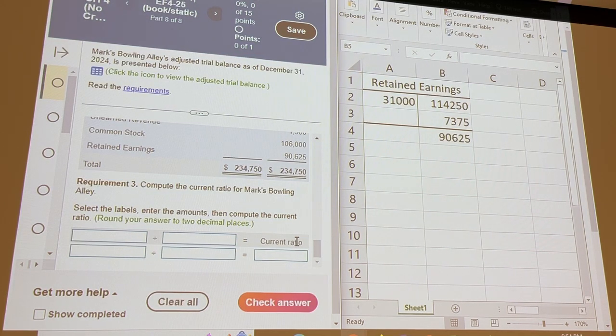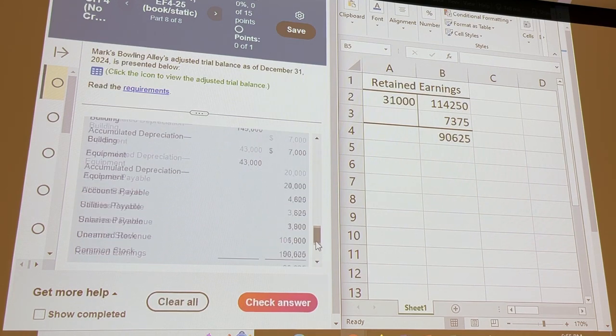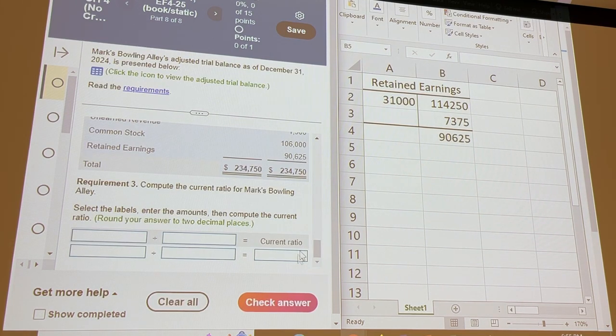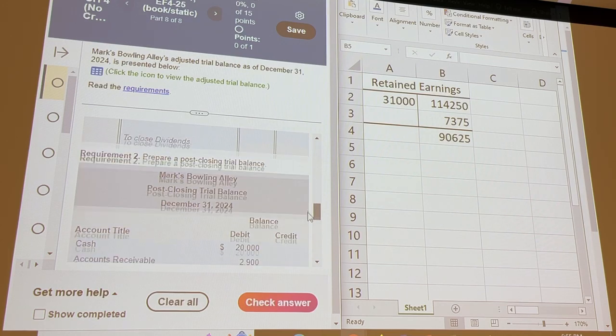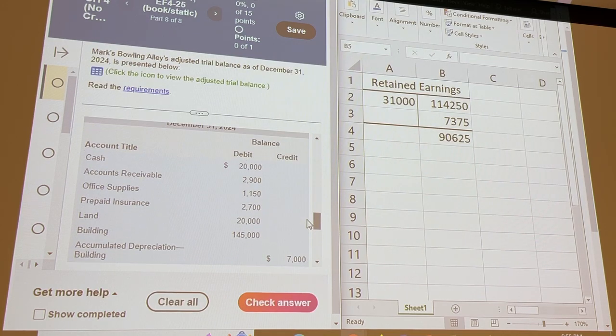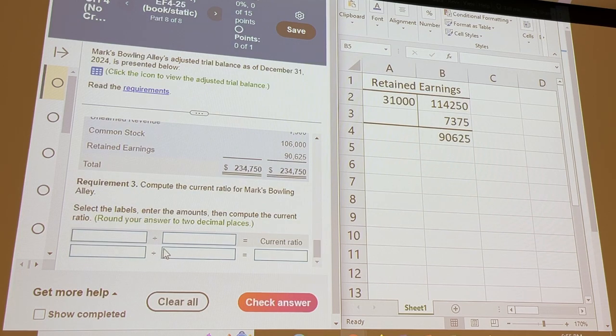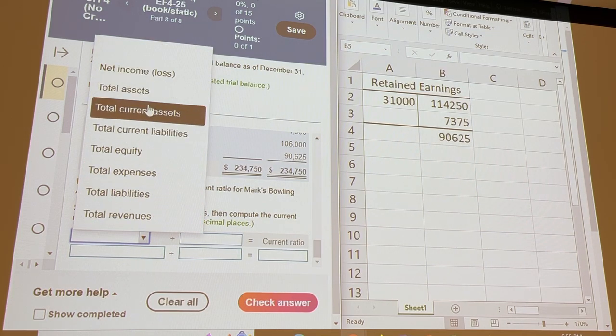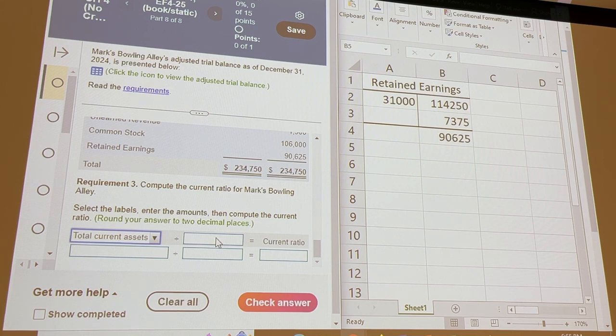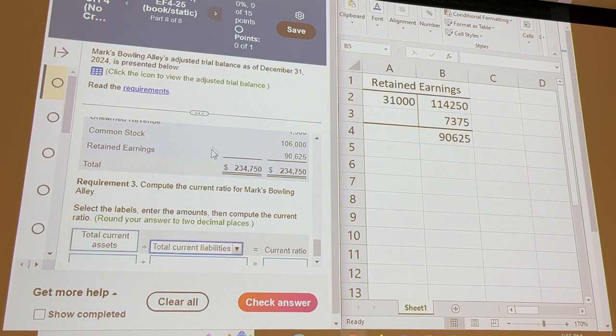Then compute the current ratio for Mark's bowling alley. If you took the accounts that are current asset accounts, it would be cash, accounts receivable, office supplies, and prepaid insurance. Those four accounts would be current assets. They want us to give the formula first. So it would be total current assets divided by total current liabilities.